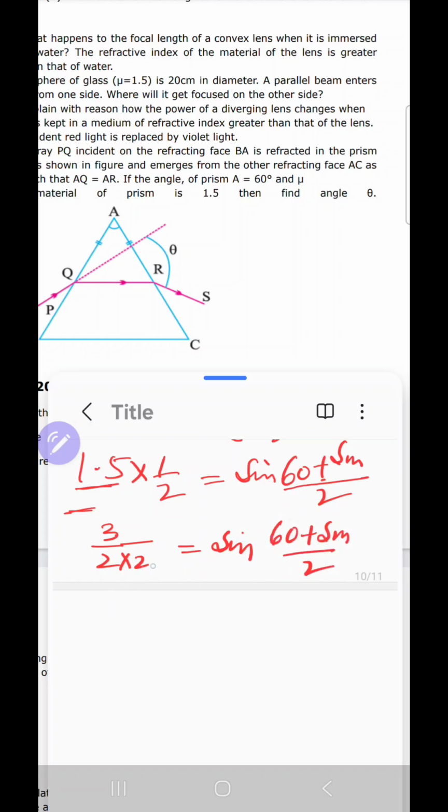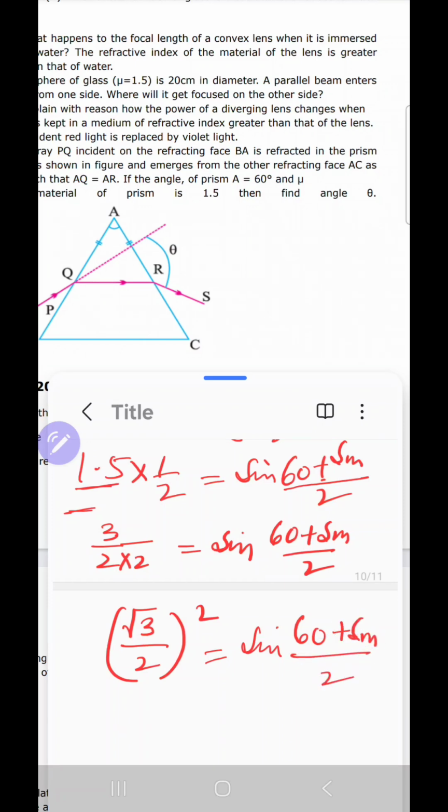Now you see how we can write this. This can be written as root 3 by 2 whole square. Here you would get sine square.